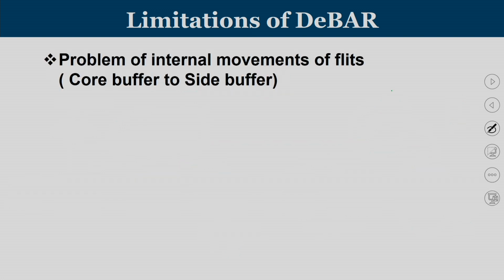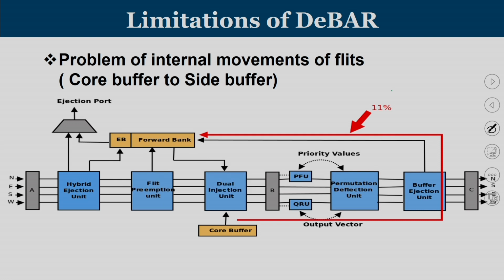The second one is called the problem of internal movement of flits. So, consider the case that you have a flit that is entering from the core buffer, going into the dual injection unit, and it goes all the way into the permutation deflection network. It so happened that the flit that got recently added, in going into the permutation deflection network, got a non-productive port. Once you get a non-productive port, the buffer eject unit is going to take you into the side buffer.